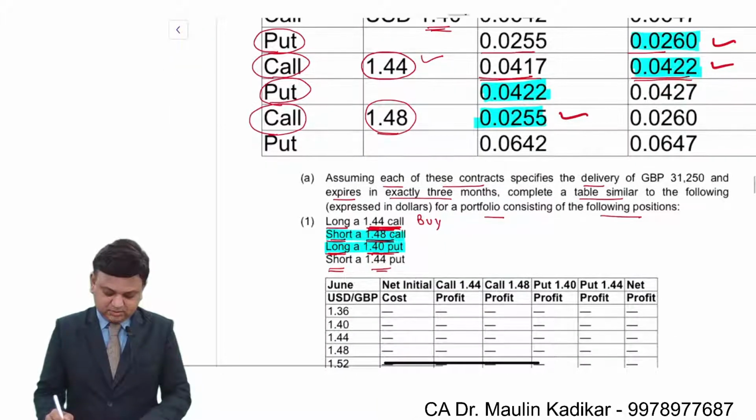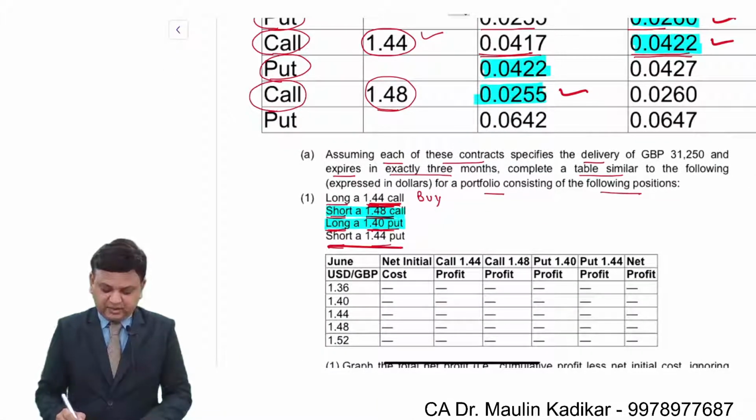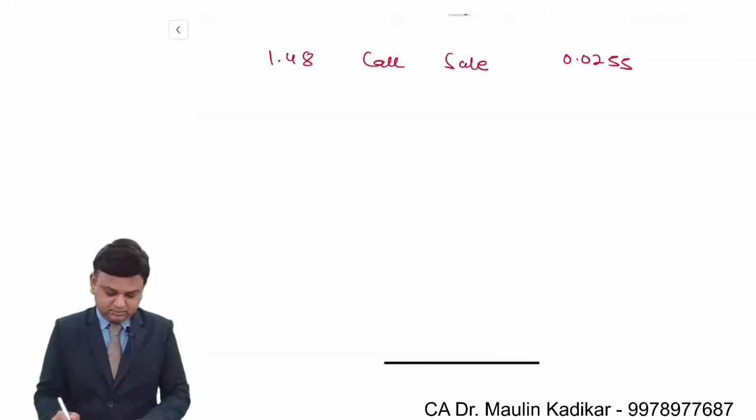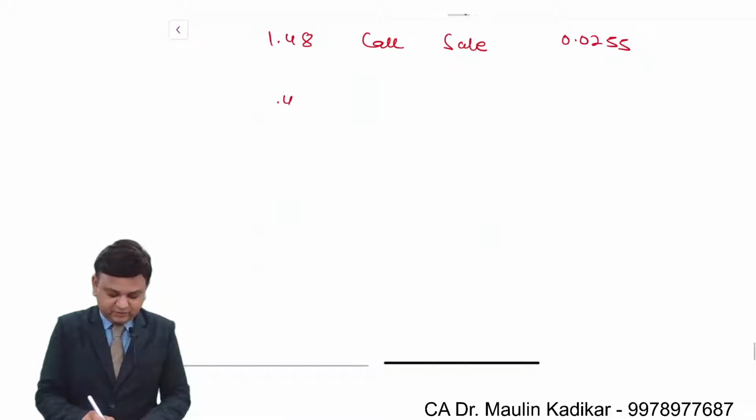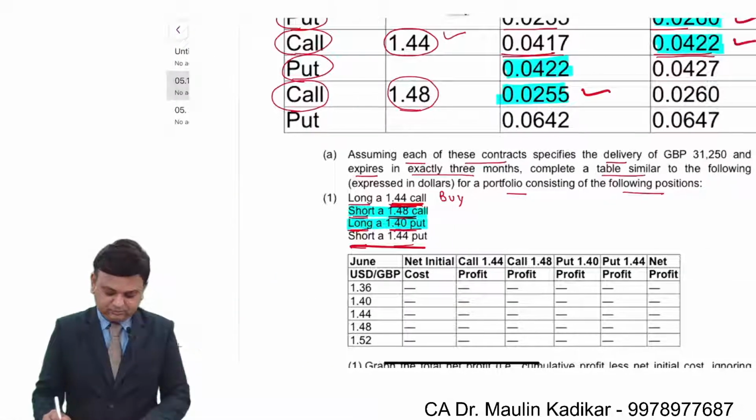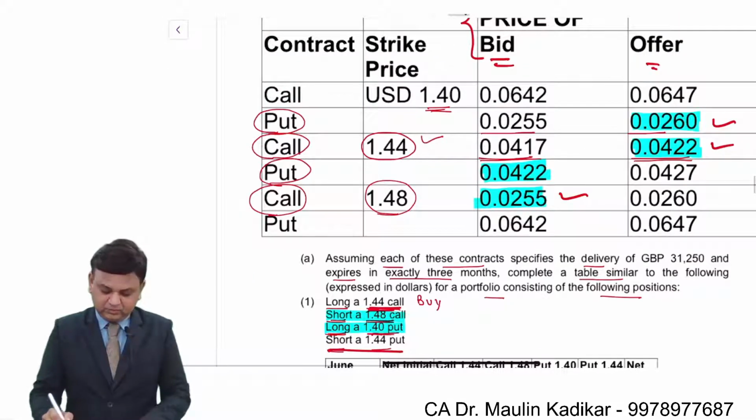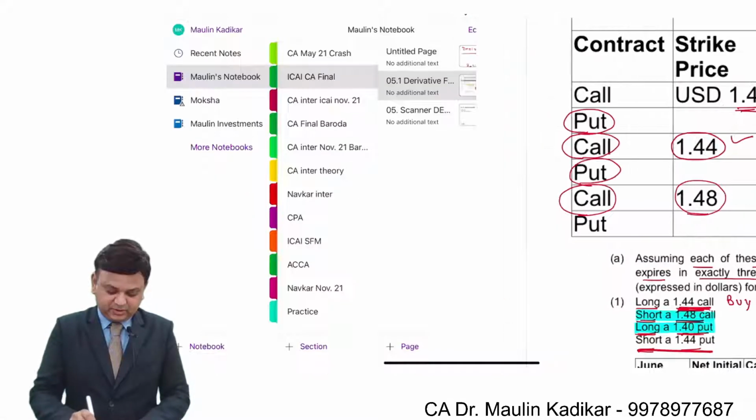Next, 1.44 short put. 1.44 sale put transaction. So it is 0.0422.